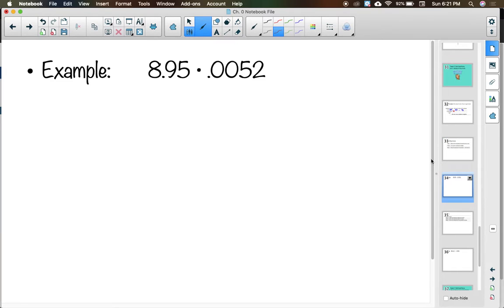Okay, so let's do an example. 8 and 95 hundredths times 52 ten-thousandths. My first number has 2 numbers after the decimal. And my second number has 4 numbers after the decimal. So altogether, that's 6 digits after the decimal. So that 6 is going to go in a box.